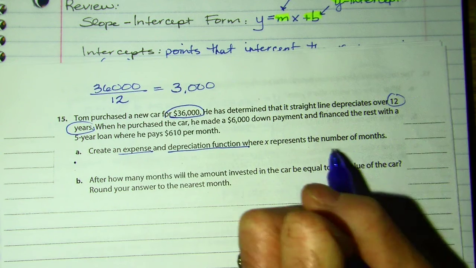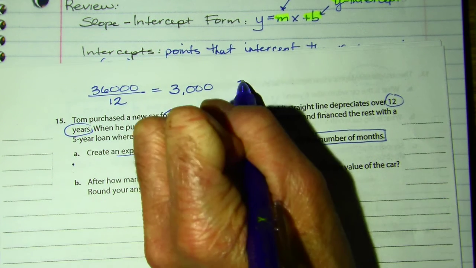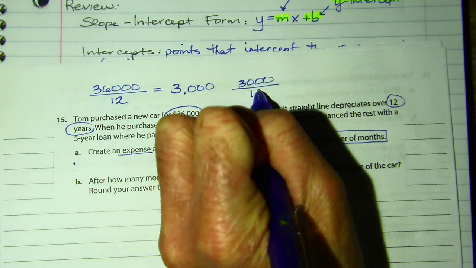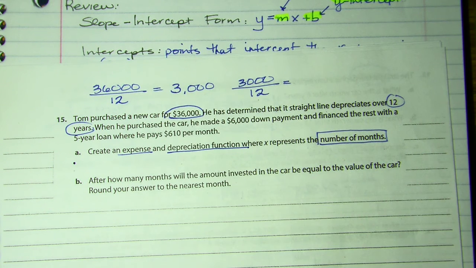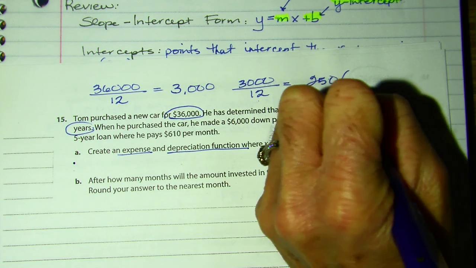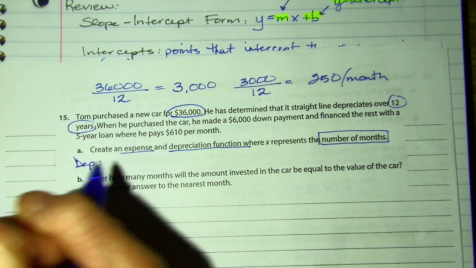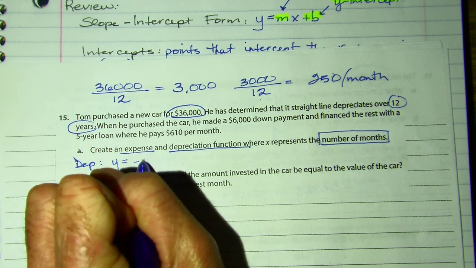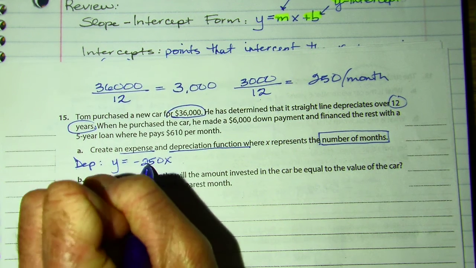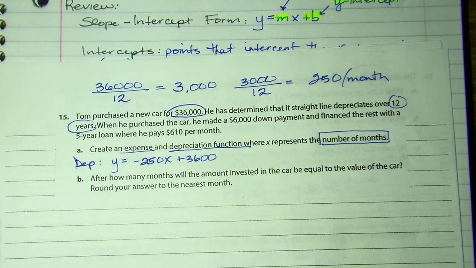But this says let x be the number of months. So now I have to take 3,000 and divide that by 12, and that gives me $250 per month. So my depreciation equation is y equals negative 250x plus the original price that he purchased it at.